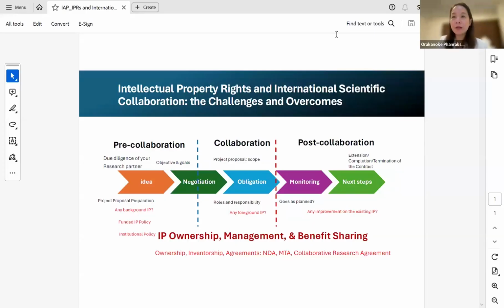I learned that all the panelists are scientists, and when you meet a lawyer, you might not feel comfortable, but when we talk about intellectual property rights, that's something I love to share, from my practice working with scientists back in Thailand.